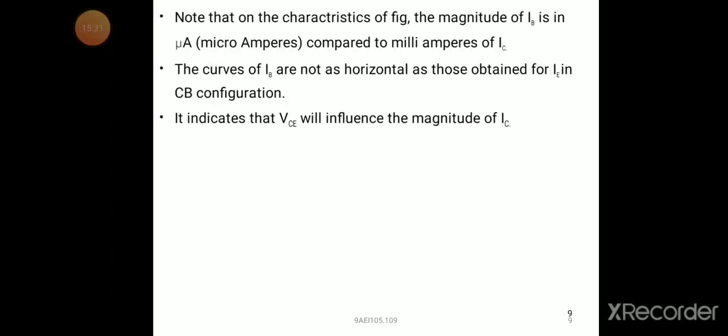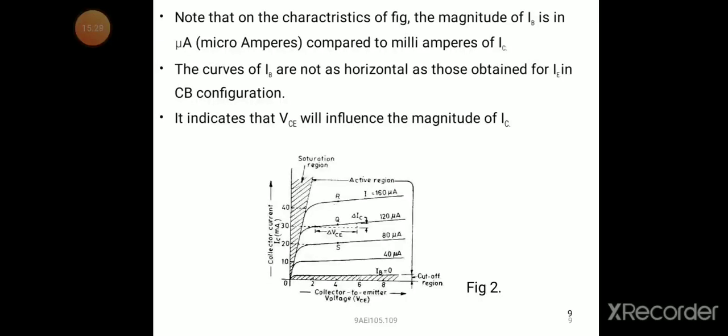So why? Because it indicates that VCE will influence the magnitude of IC. VCE influences the IC, but in the common base there is no VBE influence on the output characteristics. Here, VCE influences the magnitude of the IC.